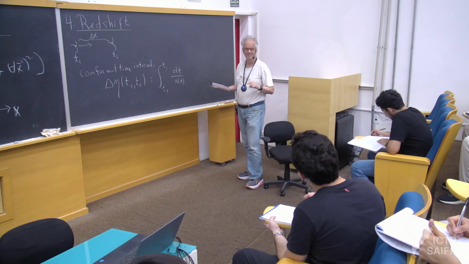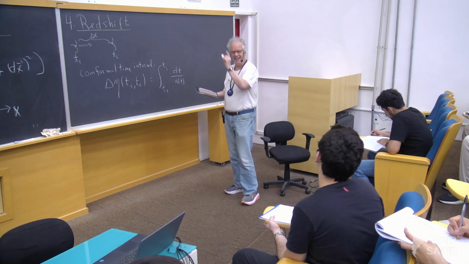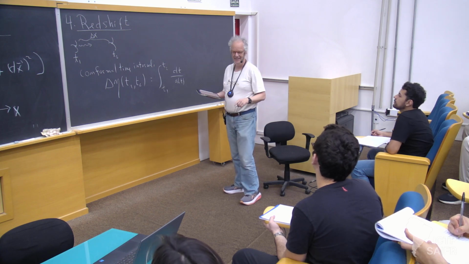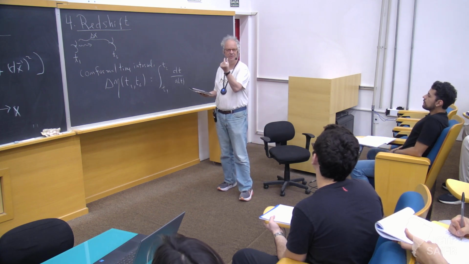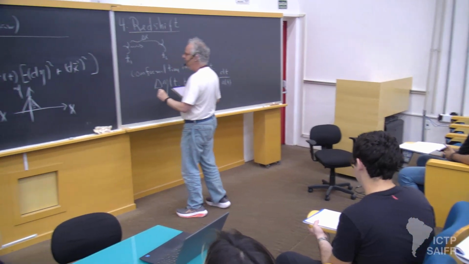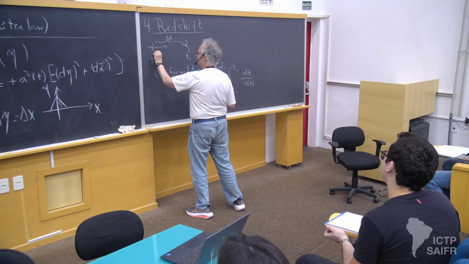So far, so good. Now, imagine that a second photon is emitted from this galaxy after a small time interval. So there is a photon that's emitted at t1, and then there's another photon that is emitted at t1 plus a small factor delta t1.